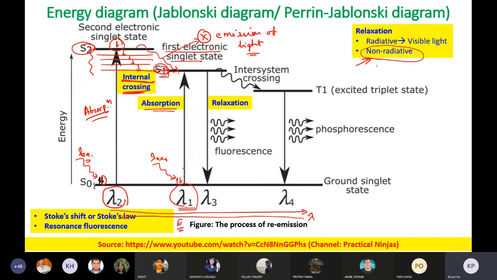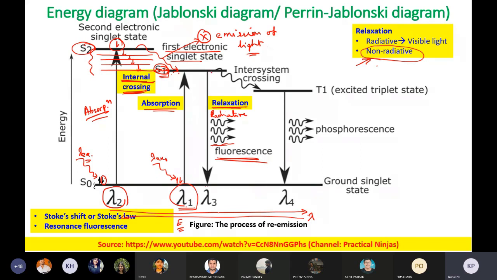Now from S1 to S0, you can come back to the ground state with a release of some light, which is another relaxation process, and this is the radiative relaxation process. This process is called fluorescence.